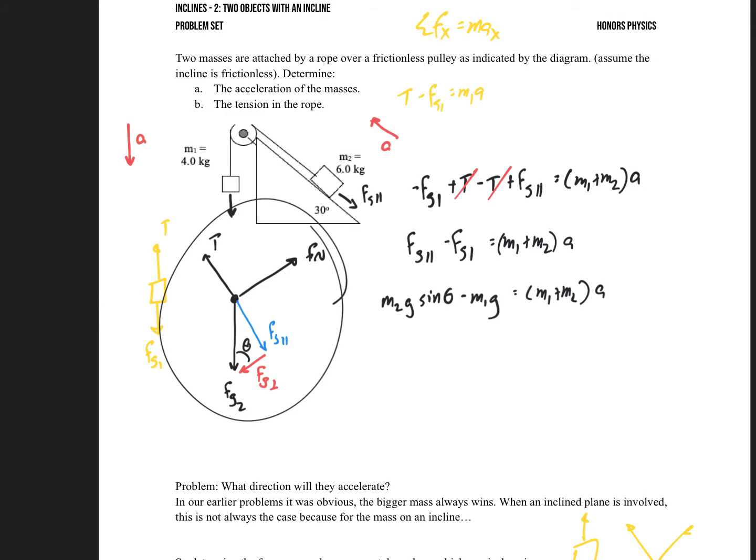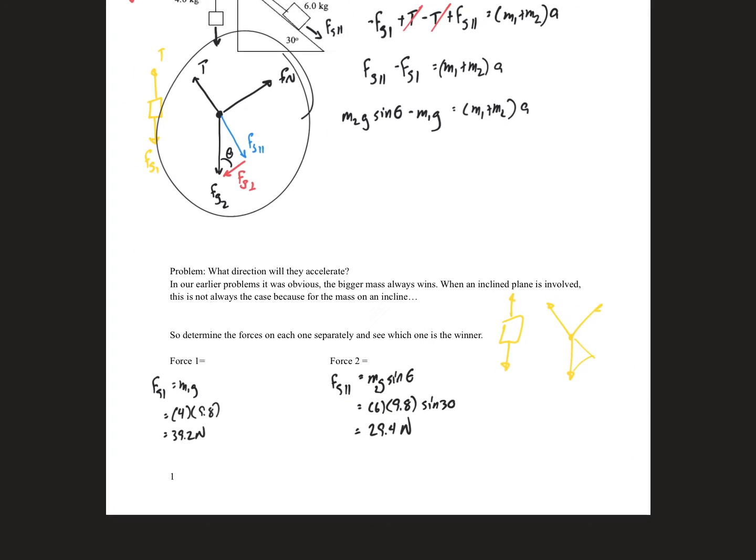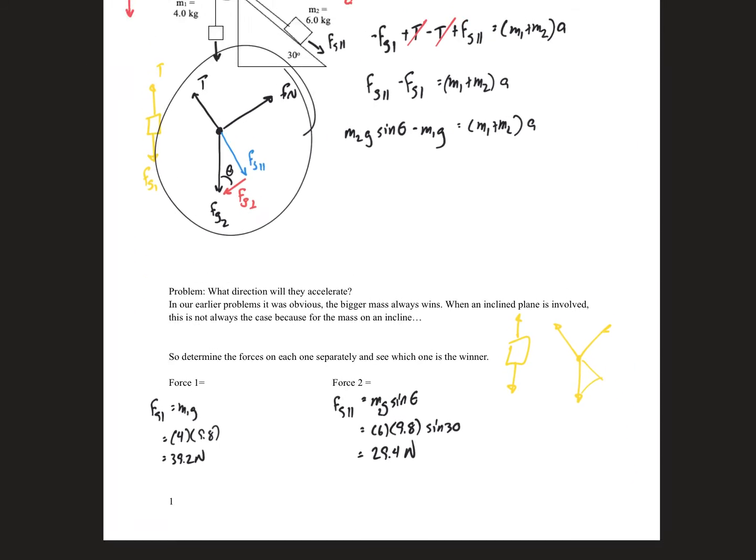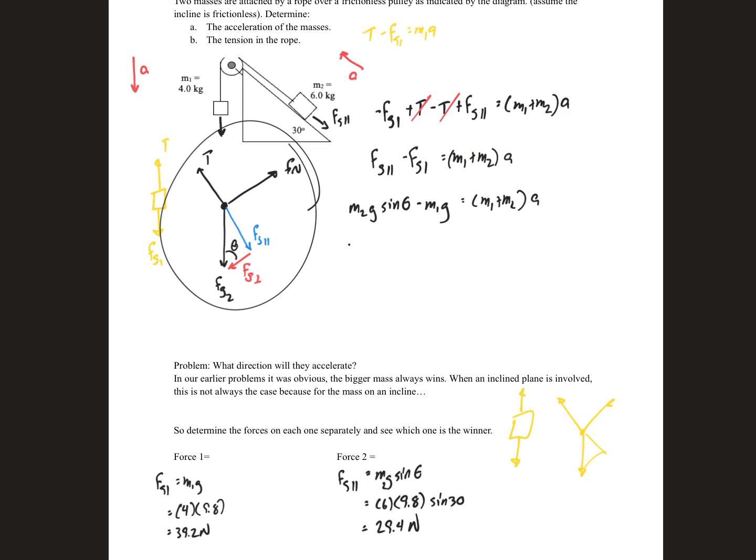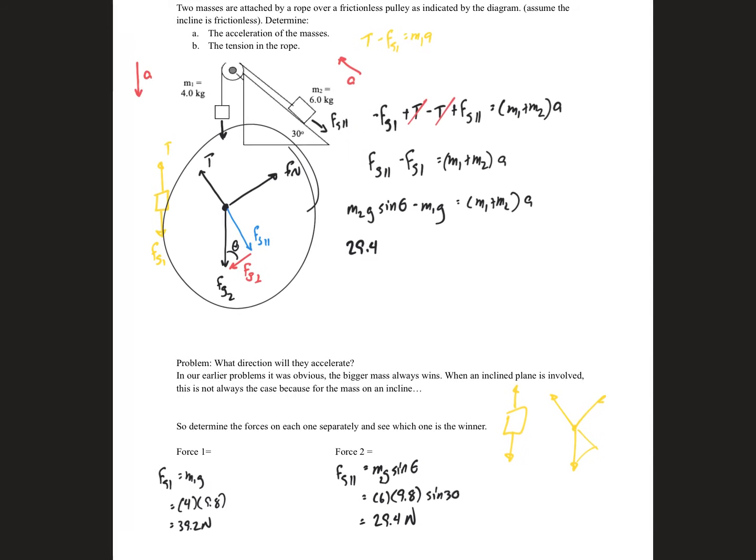The rest is just doing the algebra to plug these in. The M2G sine theta, we already know, is 29.4, and the M1G is 39.2.